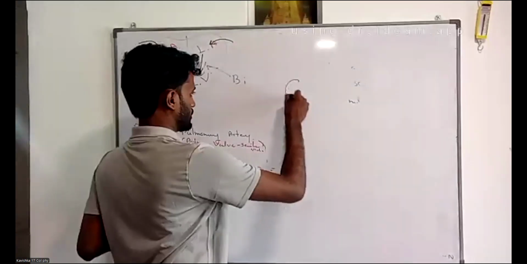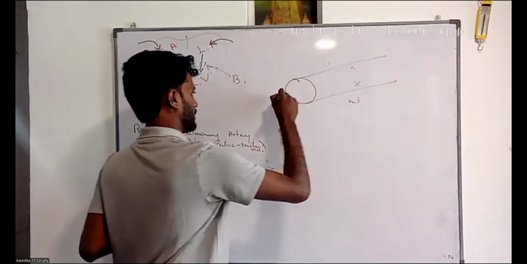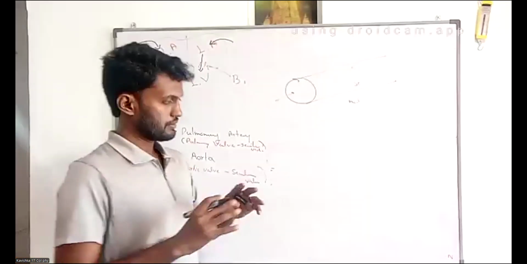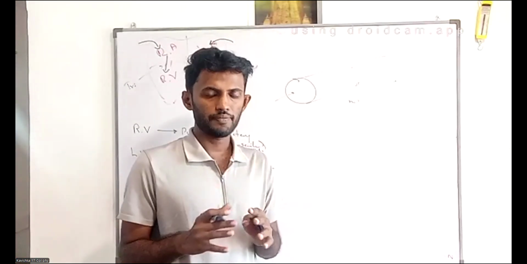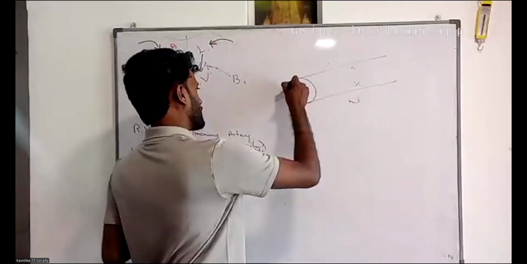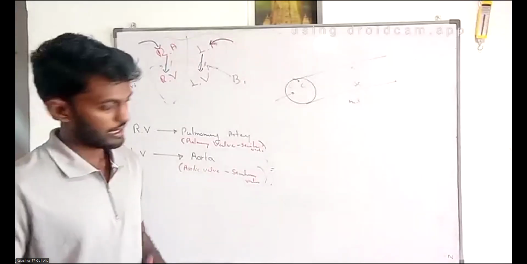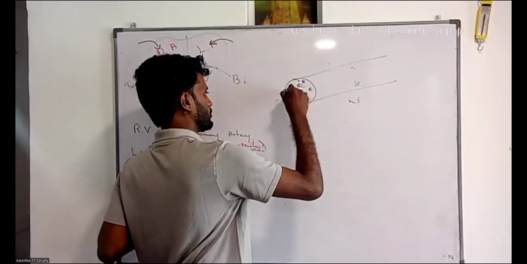Again, the wire or conductor's cross section. So if the cross-sectional area is higher, what happens? More electrons can move through it.